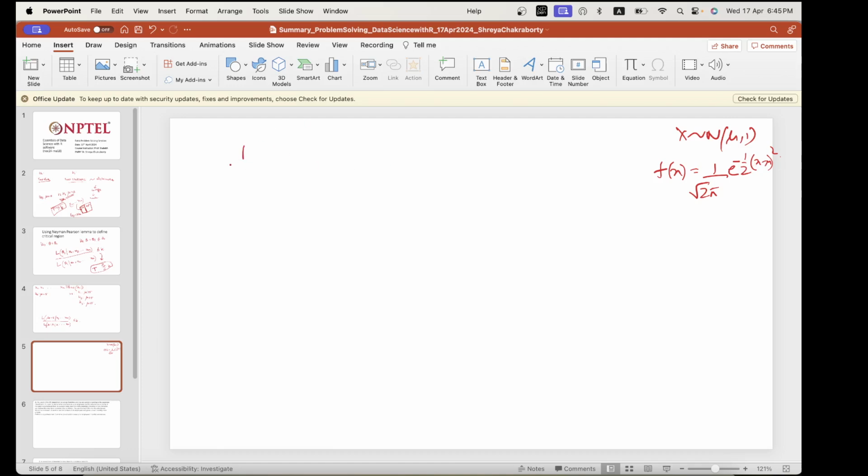So what do we have? We'll have 1 by root 2 pi sigma, this to the power n, e to the power minus half summation i equal to 1 to n (xi minus mu) whole square. Okay, so this mu will be mu naught.